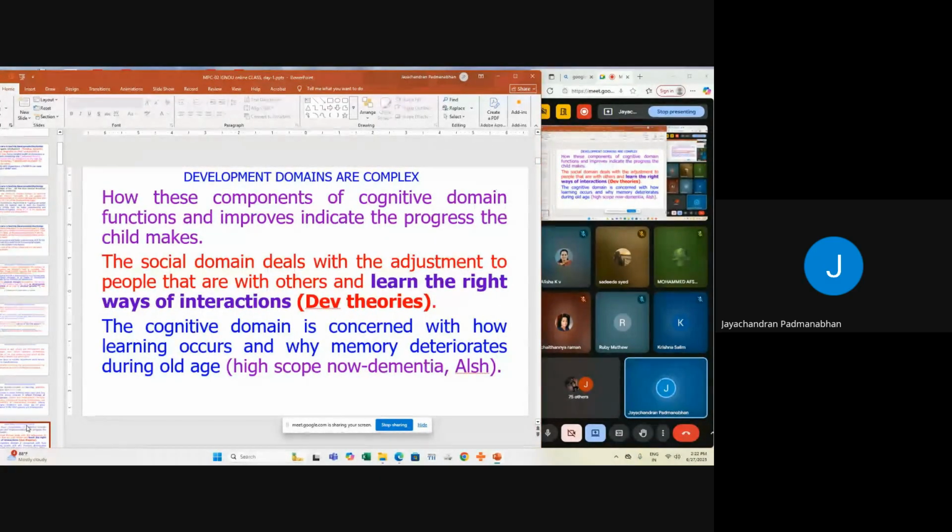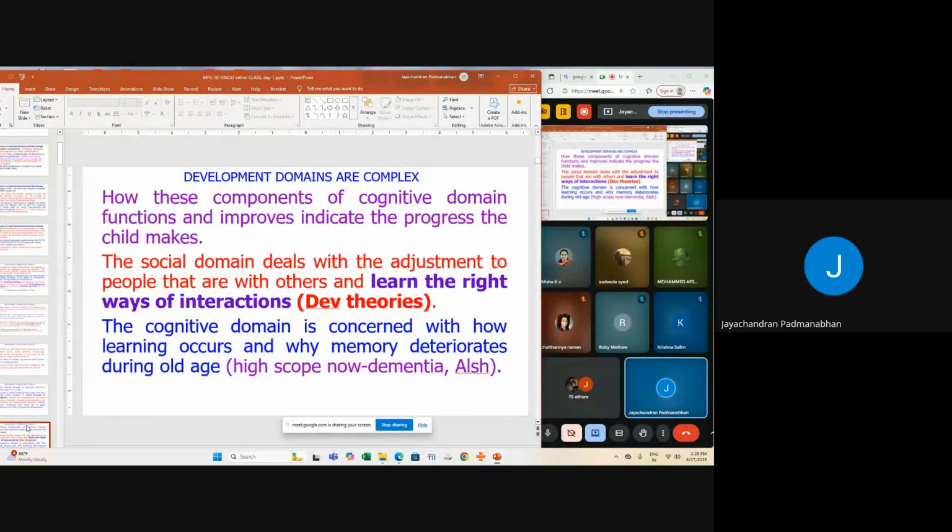How these components of the cognitive domain function and improve indicate the progress of the child. By the time the child is 3, you must be able to send the child to play school. If there is some problem, immediately the gynecologist or neonatologist, whoever, or a child neurologist, etc. is to be consulted. That is why you should have this much knowledge.